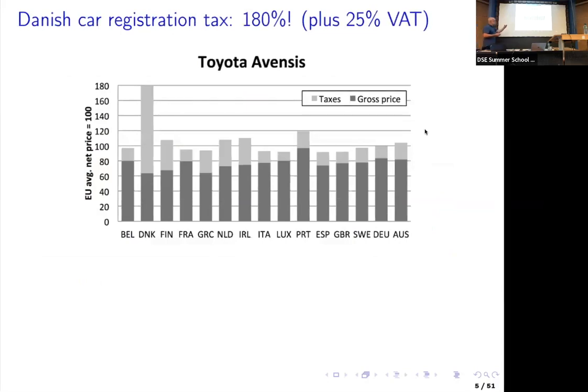Okay, and here this is just another car. It's a Toyota Avensis. Here you got Denmark, and sorry for not having Switzerland here. You're not in the EU, so you're not in the table. Registration tax 180%, plus the value added tax. Okay, now this is the price before tax, actually.